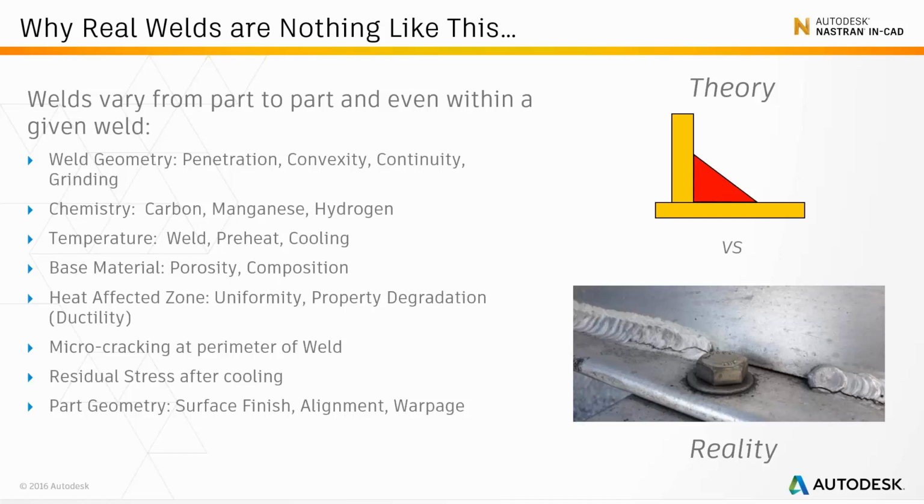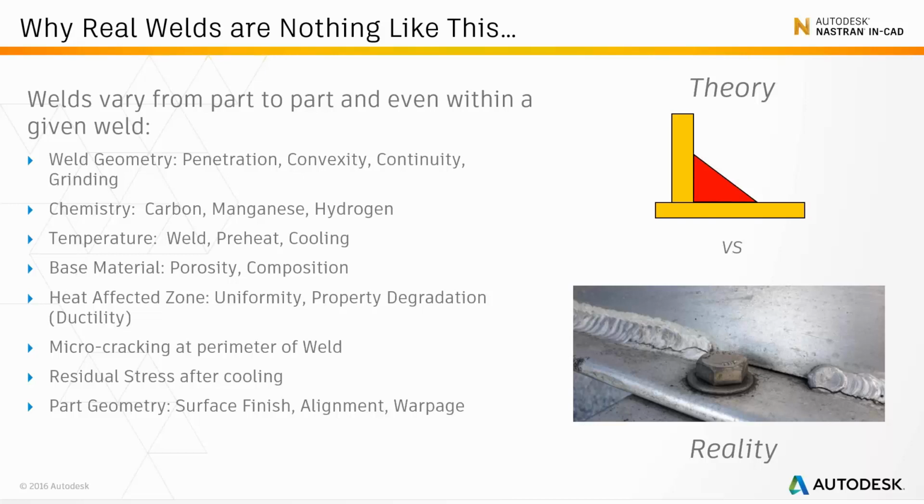So in addition to geometry variation, we also get a range of other variables that are going to influence the results that we would get from an analysis on a weld inside of simulation. So we've got things like the geometry of the weld, but also its chemistry, the materials that it's made from, the temperatures associated with it, the preheating and the cooling of the weld are important, the base material, the heat affected zone, things like residual stress after cooling.